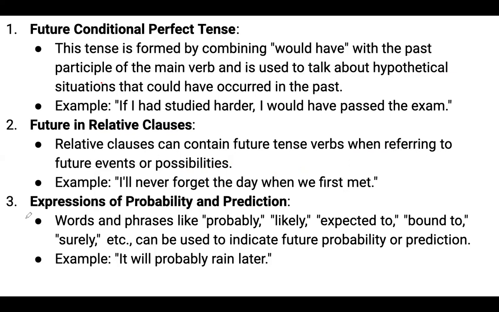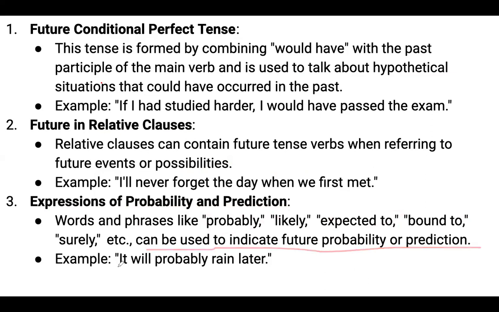Similarly, there are expressions of probability and prediction. Probability means indicating a possibility. Words and phrases like probably, likely, expected to, bound to, surely can be used to indicate future probability or prediction.